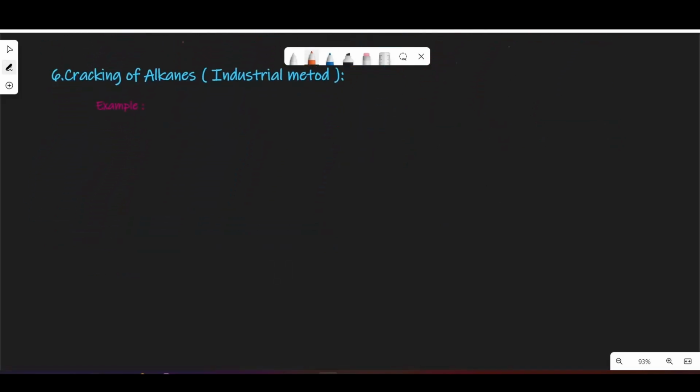And one more, the last one, is cracking of alkanes. This is an industrial method, and it will occur at a high temperature only, around 700 degrees Celsius. Then we will get an alkene as a product, along with H2.